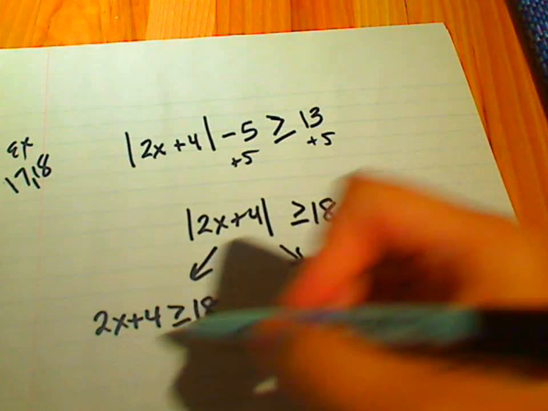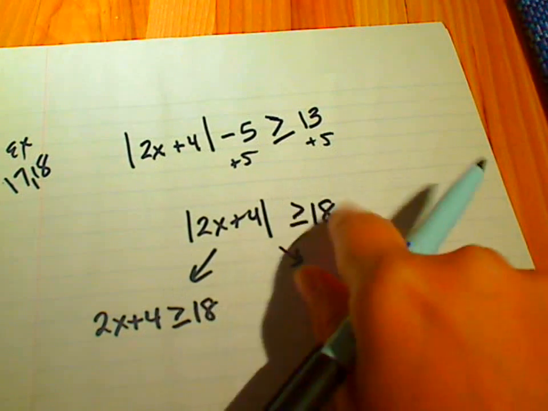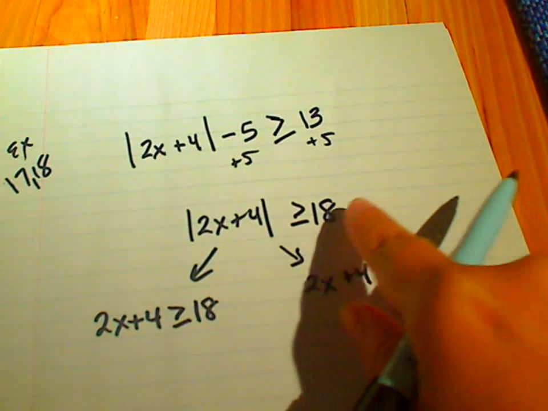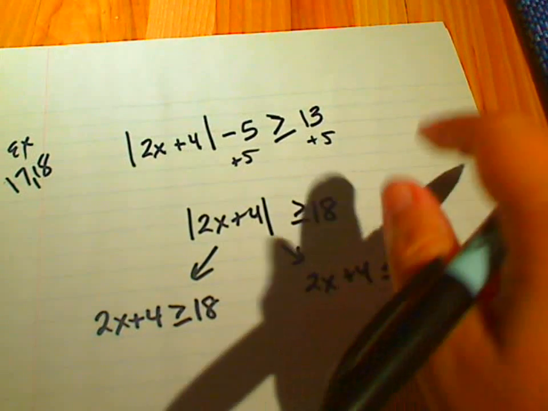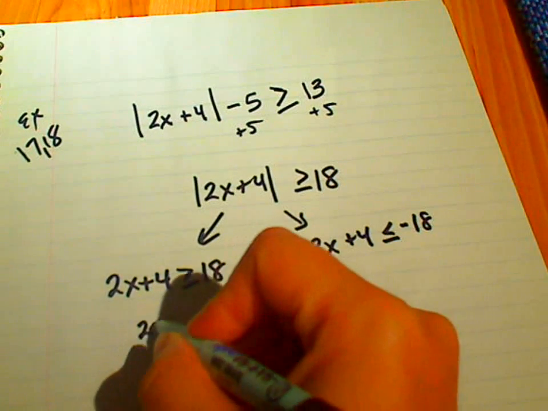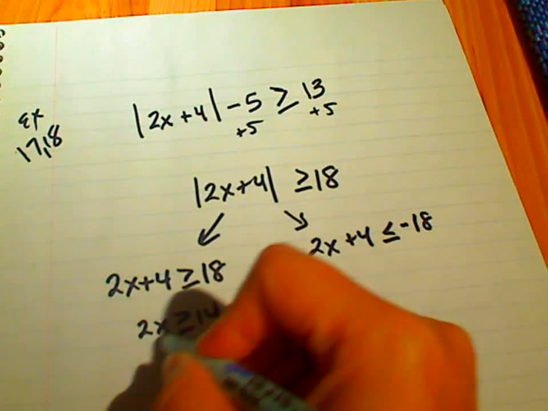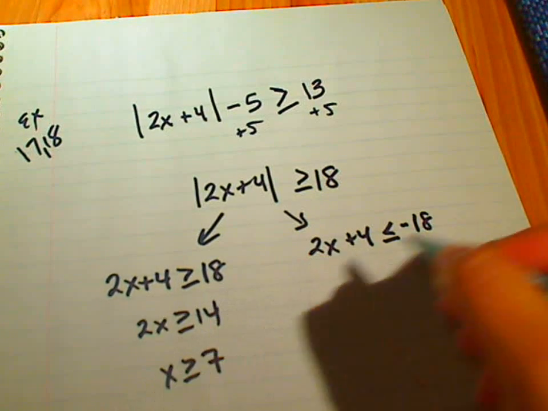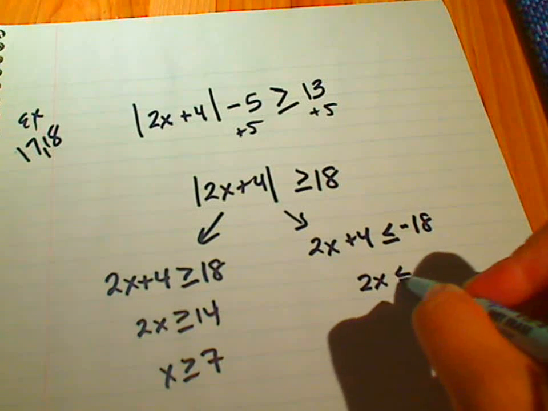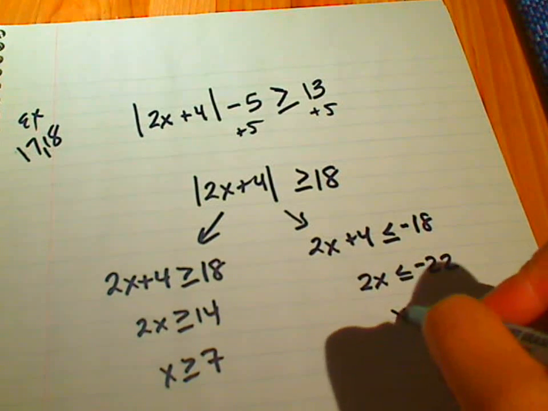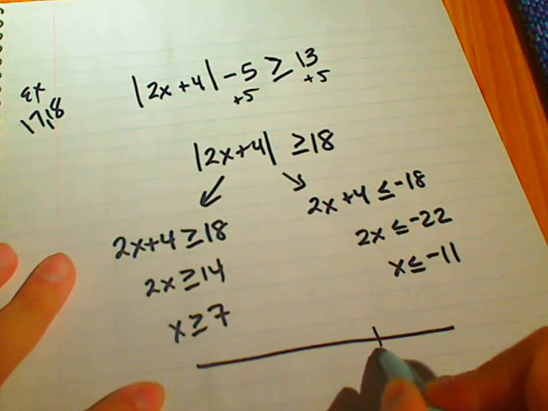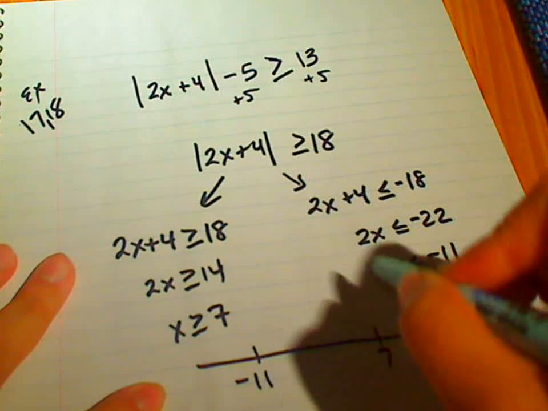So I want to set them up exactly how this looks, and then set this up with flipping the inequality and the opposite of that number, so it's on opposite sides of the number line. Subtract 4 from both sides, you get 14, divide by 2, 7. Subtract 4 from both sides, you get less than or equal to negative 22, divide by 2, x is less than or equal to negative 11. So my number line would look like, here's 7, here's negative 11.